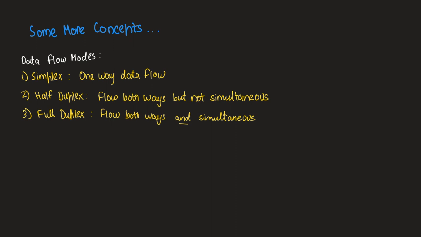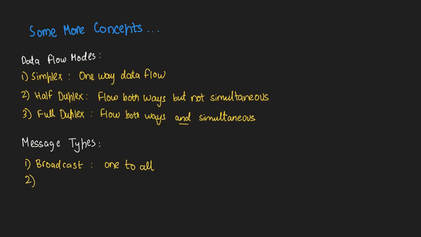We then need to know the types of messages and what they mean. There are three message types. The first is broadcast. In broadcast, the message is sent from one to all. So from one device to all the other devices.